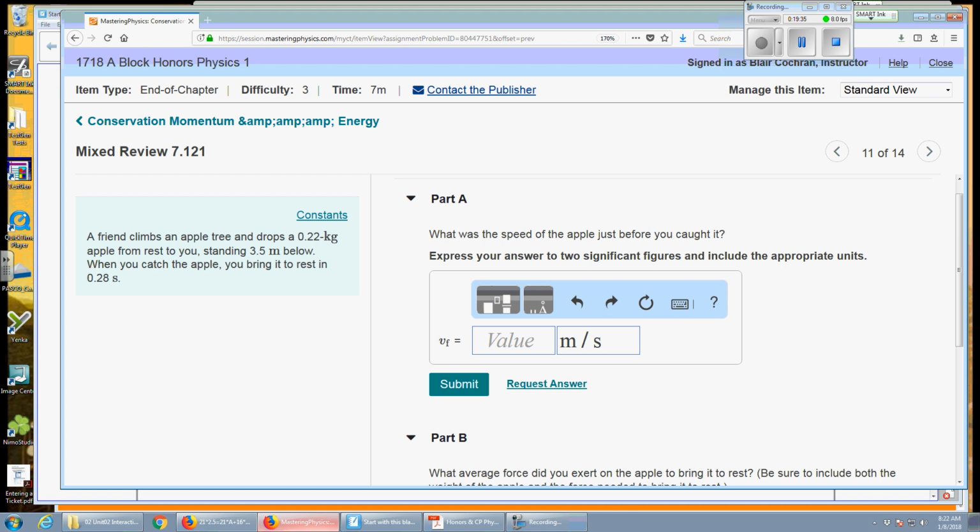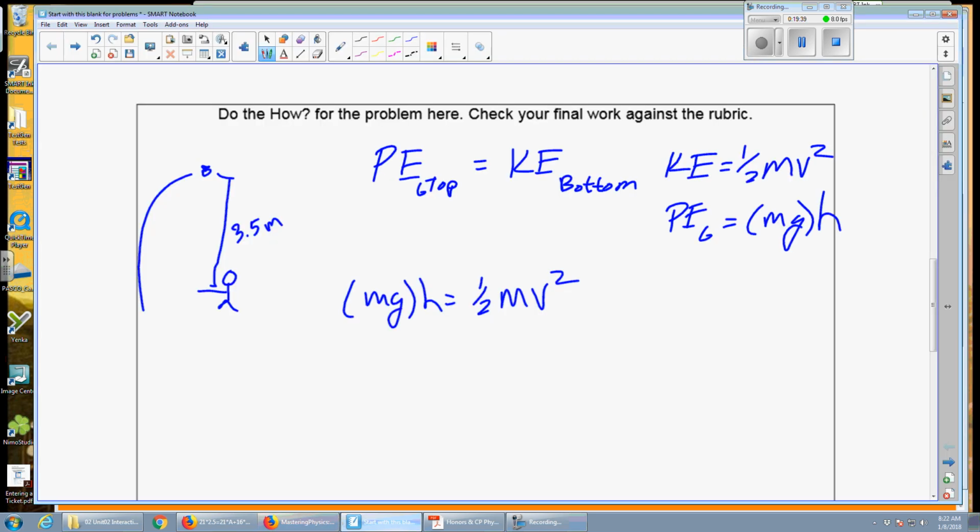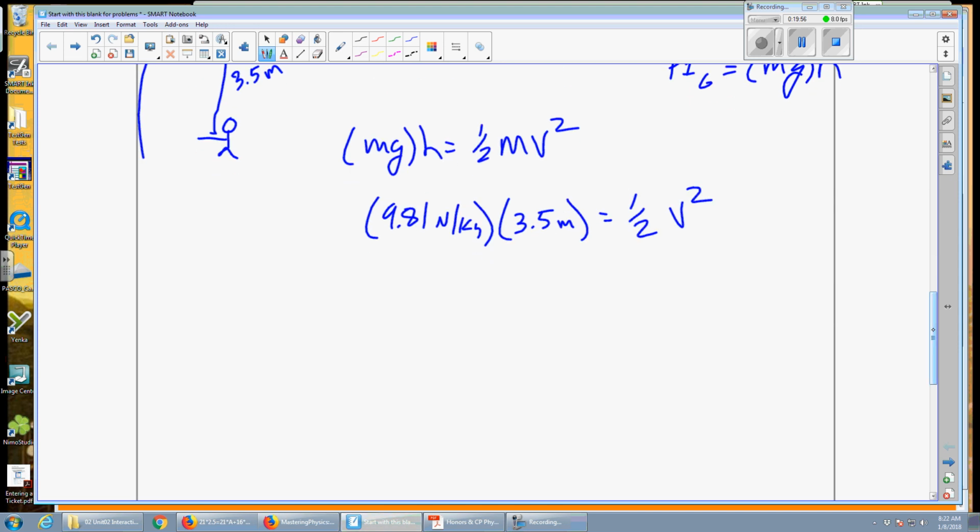Right? And what's the speed of the apple just before you caught it? Okay, well, 9.81 newtons per kilogram. It went down 3.5 meters. That's going to equal 1/2 the speed squared. A common mistake will be forgetting to square root your answer before you write it down.